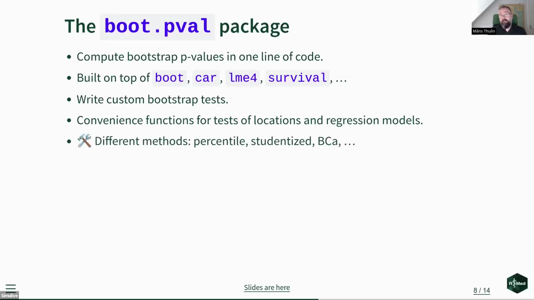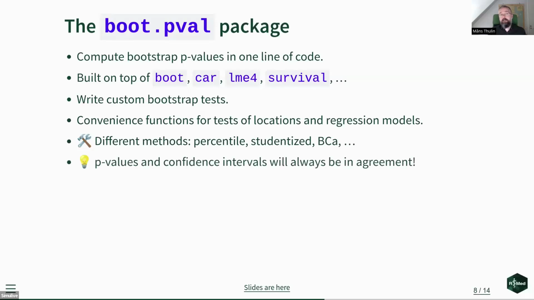There are different methods for computing confidence intervals using the Bootstrap with names like percentile intervals, studentized, BCa, and so on. All of these are supported in the boot.pval package, and they give slightly different results. The package makes sure that the p-values that you get and the confidence intervals that you get are in agreement. This isn't the case everywhere.